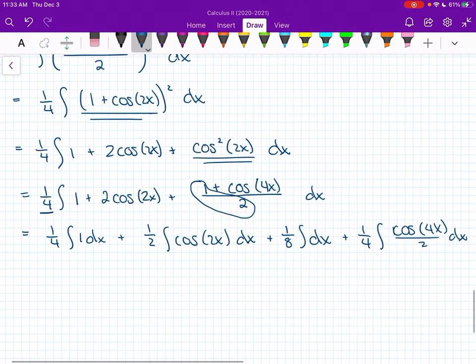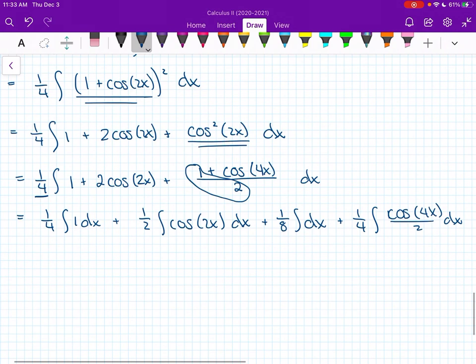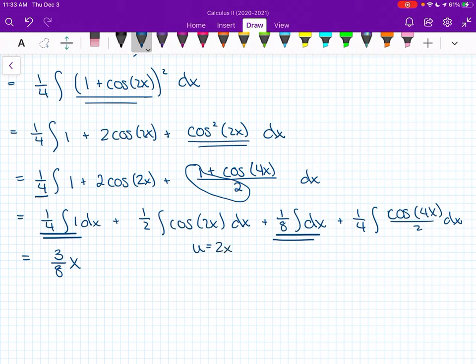All right, so let's take a look at these. So the first one, I can combine the first one and the third one. Those are like terms. And so I'm going to get a 3/8 there, x, after I do my integration. And then for this one here, if I let u equal 2x, I'm going to see that I'm going to have sine of 2x times 1/2 after I divide by that derivative there.